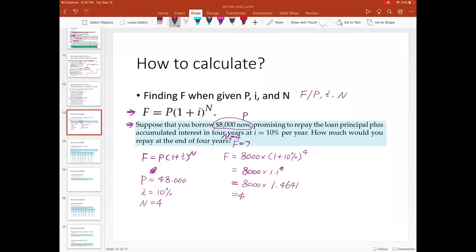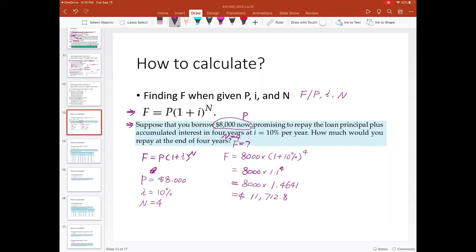The final result is 11,712.8 US dollars, which is the future equivalent value of your cash flow.